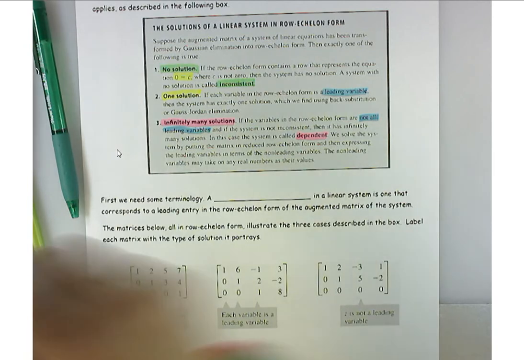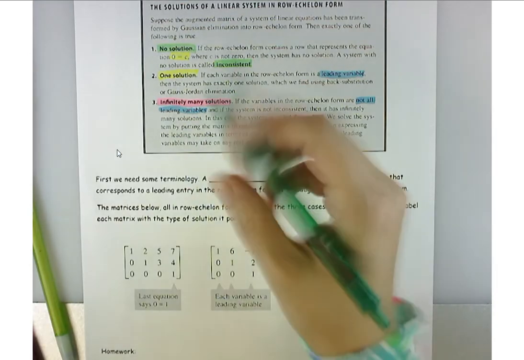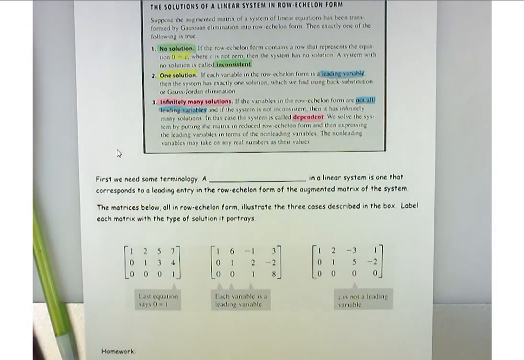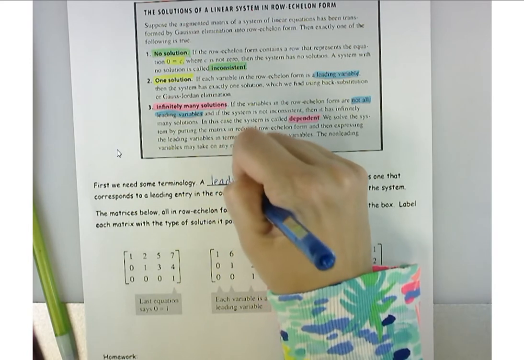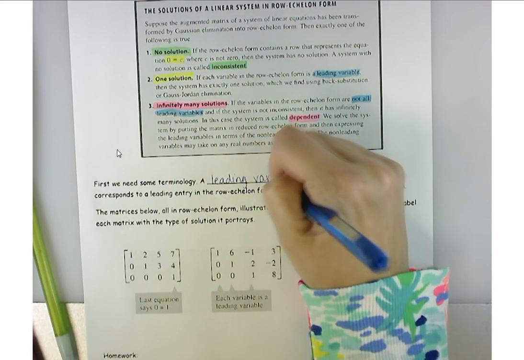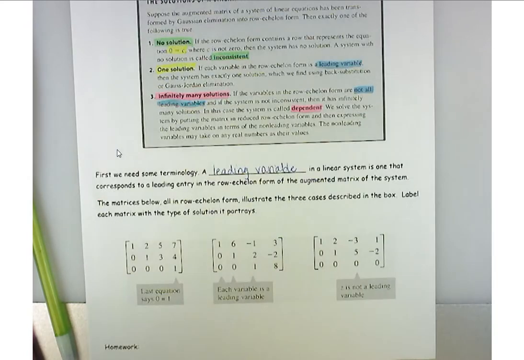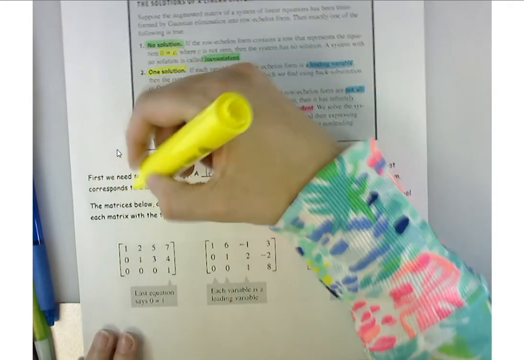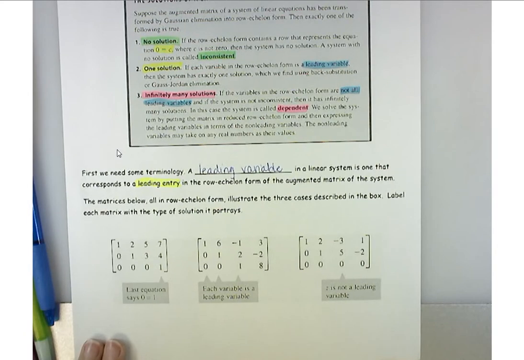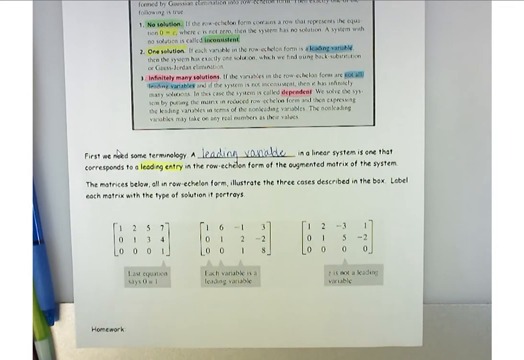When they're talking about leading variables, we're going to talk about that terminology. A leading variable in a linear system is one that corresponds to a leading entry in the row echelon form of the augmented matrix.